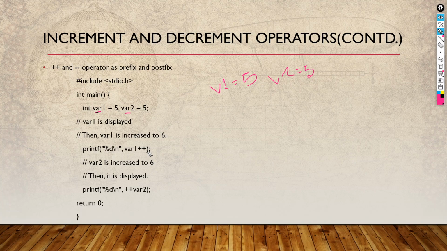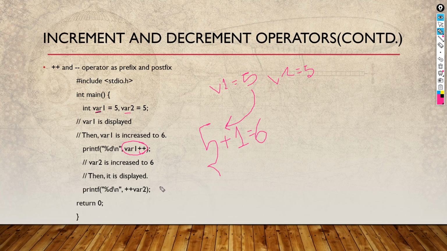It will return the value first, so it will print 5 first, and then it will be incremented by 1 to 6.